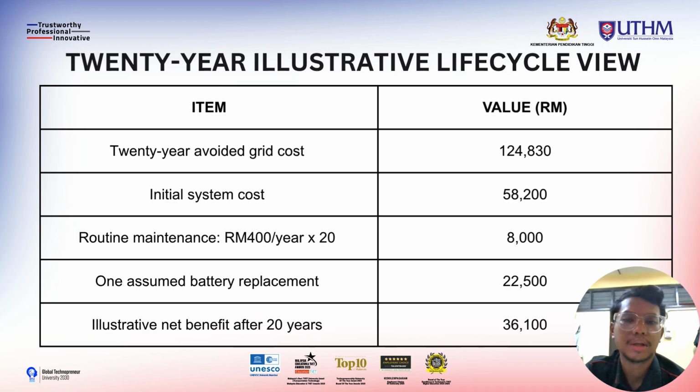For routine maintenance, 400 per year times 20 is 8,000. For battery replacement, assumed, the value is 22,500. The illustrative net benefit after 20 years is 36,100.